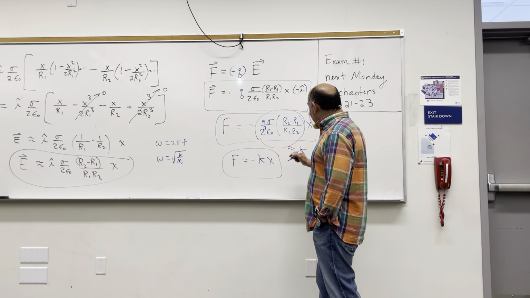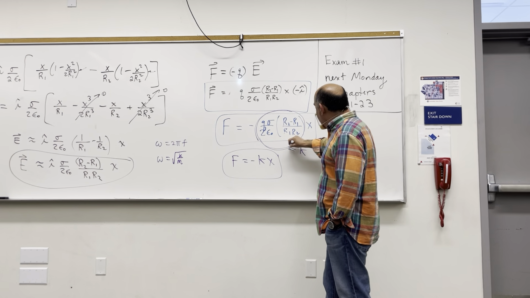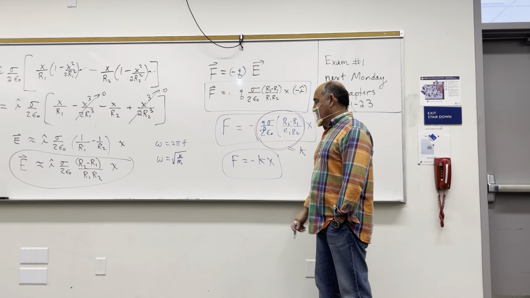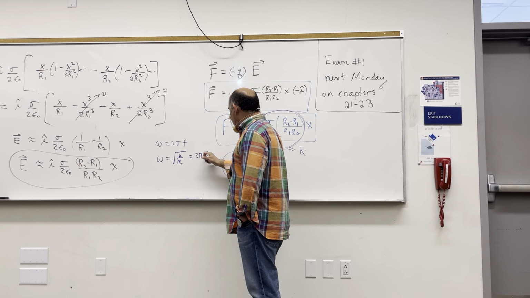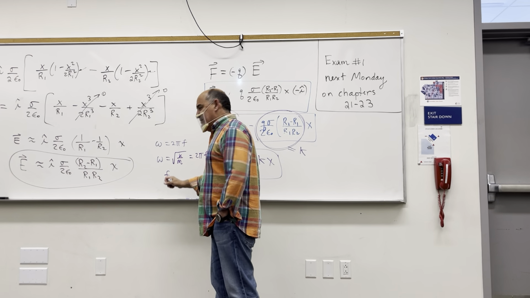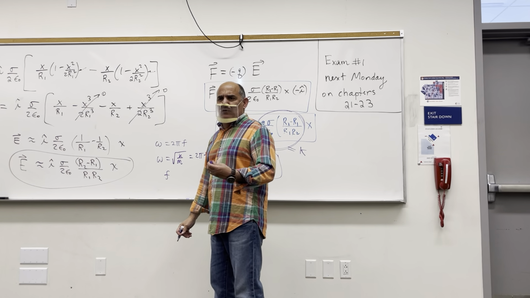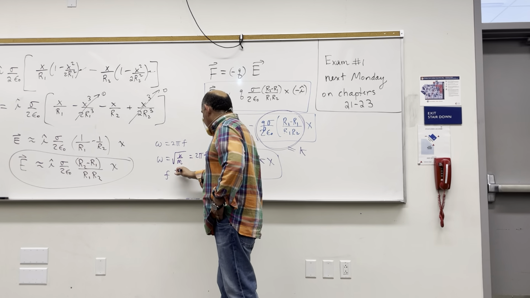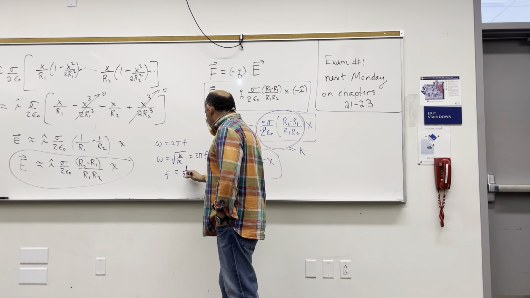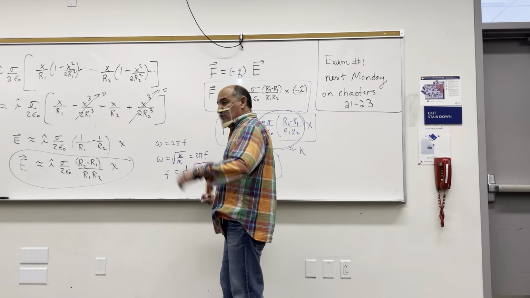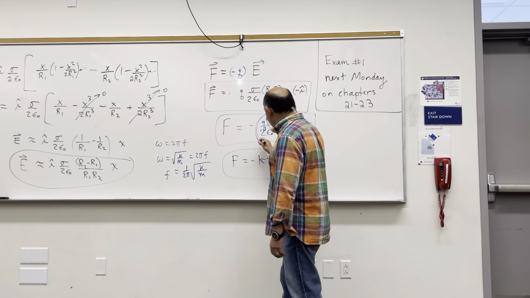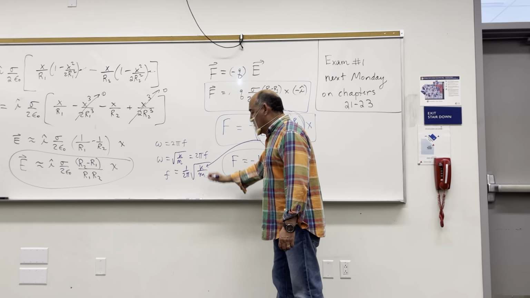So this number over here is effectively the spring constant. If you set this equal to 2 pi f, the frequency of oscillation, how many oscillations it's going to make in 1 second, will be 1 over 2 pi times the square root of the spring constant divided by the mass of the charged particle, where the spring constant is given by this.